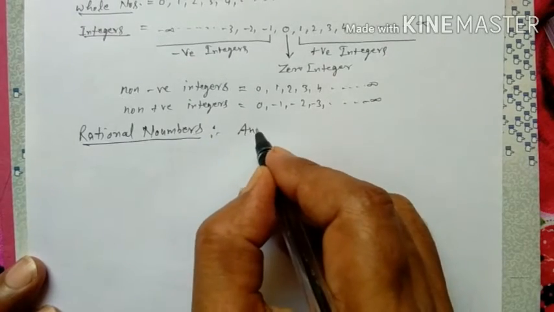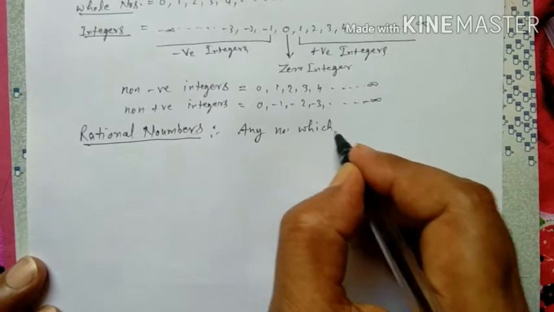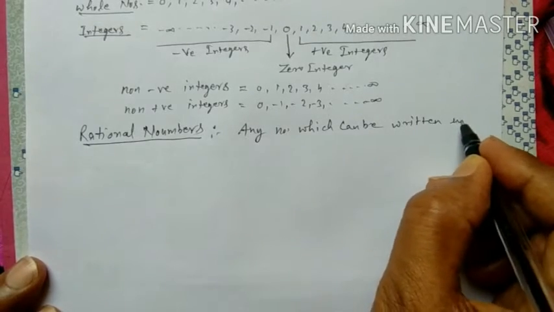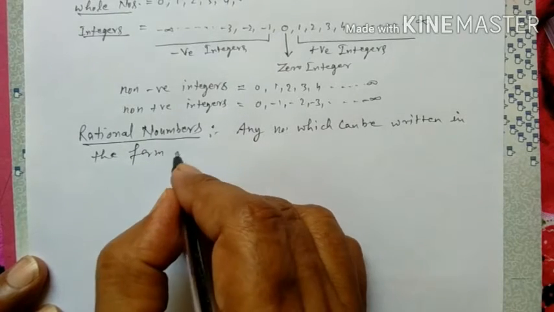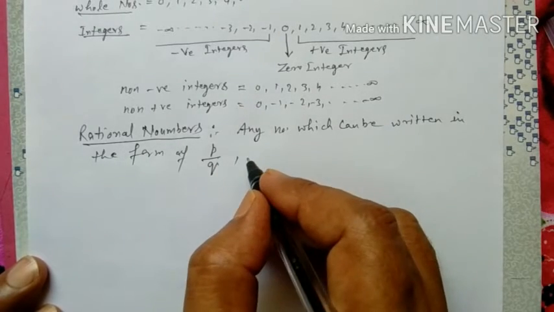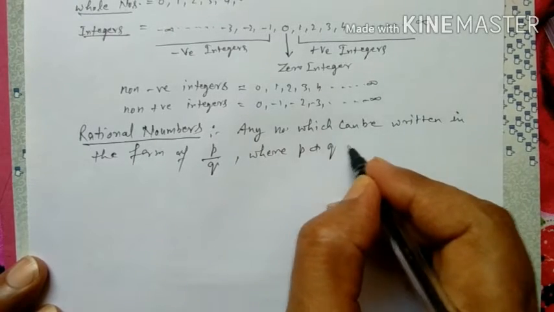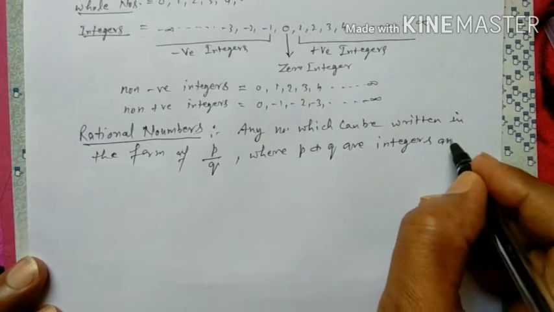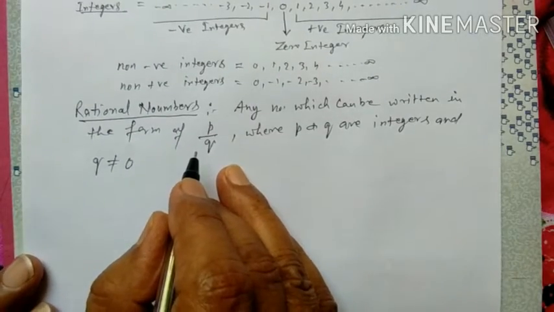Any number which can be written in the form of p by q, this is important, p by q, where p and q are integers and q is not equal to 0.